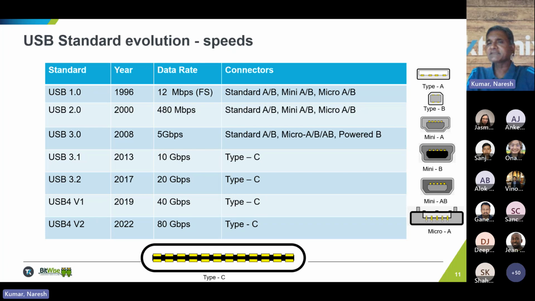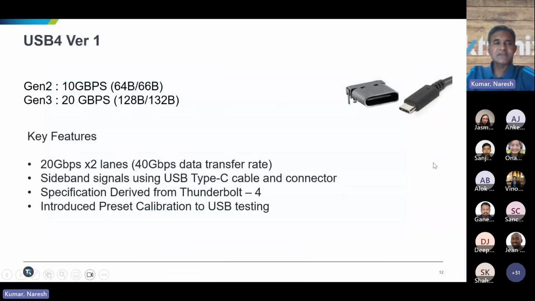If you see on the right hand side, the connectors have also changed. And when we talk of test and measurement, we also have to adapt to the various connectors which are defined in the standards to make sure the imperfections in the connectors and implementation by various vendors are all tested, right? Let me move to the next slide.